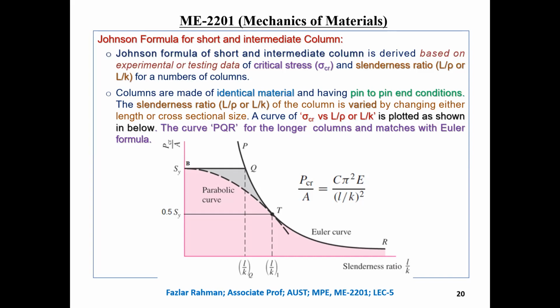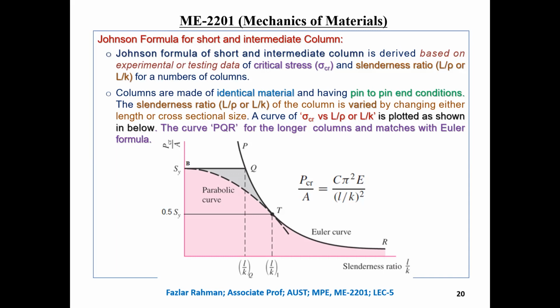So what happened is, we derived the Euler equation, right? And before we derived it, we already mentioned this is used for long columns. But what happens if we have a very short column? Then which equation will you use? Another thing, how will we know a column is long or short? You cannot tell only by seeing the length that this is a long column, this is a short column.